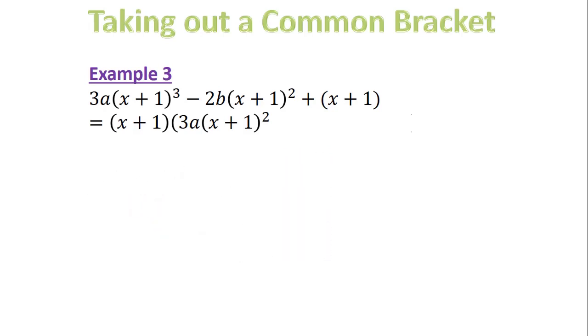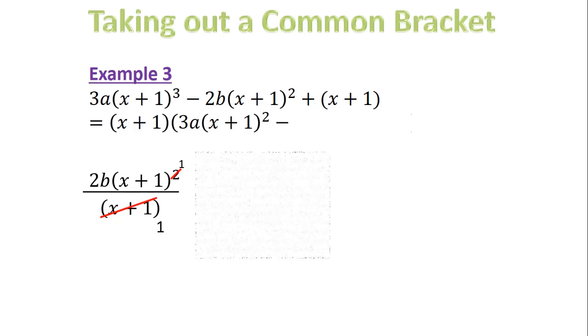Then minus. Now we set up our fraction again. In the denominator we have our common bracket, and in the numerator we have our second term. Again, we need to simplify. So x + 1 goes into x + 1 once, and x + 1 goes into (x + 1) squared. So we just have x + 1 left over. Again, let's look at a slightly more simplified version.